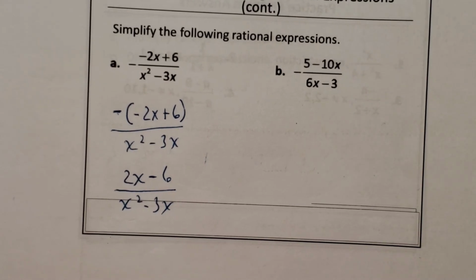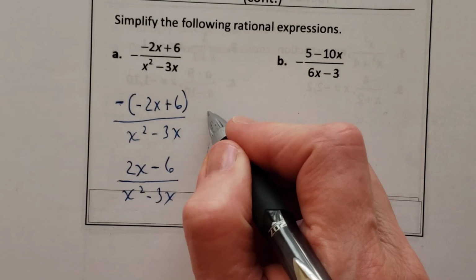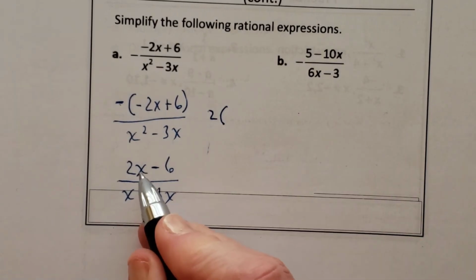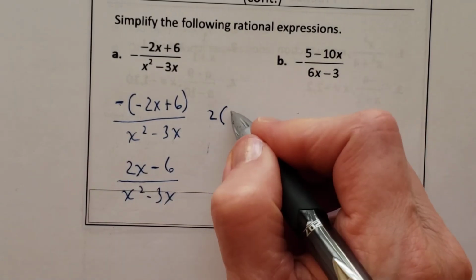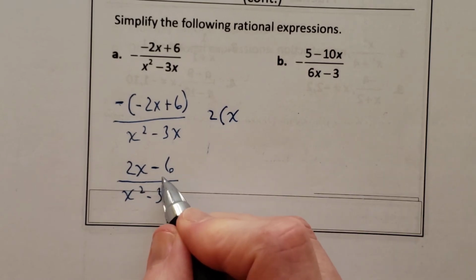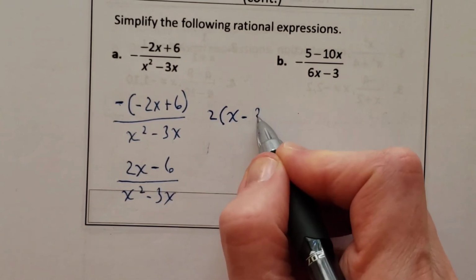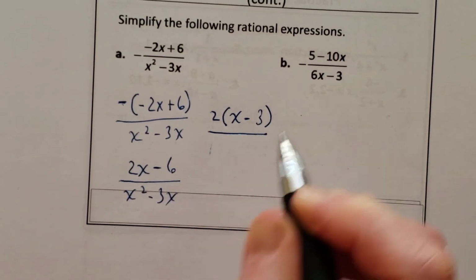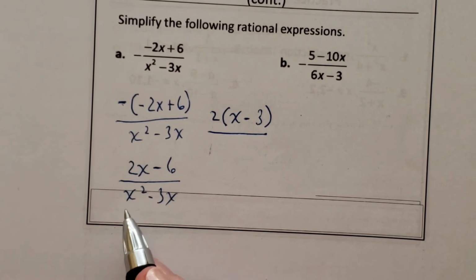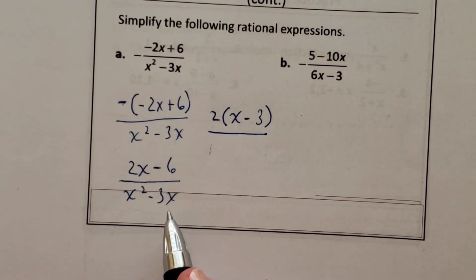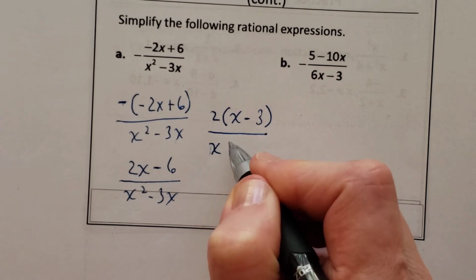So now in the numerator, what can I divide both of those terms by? Well, the answer is 2. So 2x divided by 2 is x, and negative 6 divided by 2 is negative 3. And the denominator, what can I divide x squared and negative 3x by? Well, the answer is x.